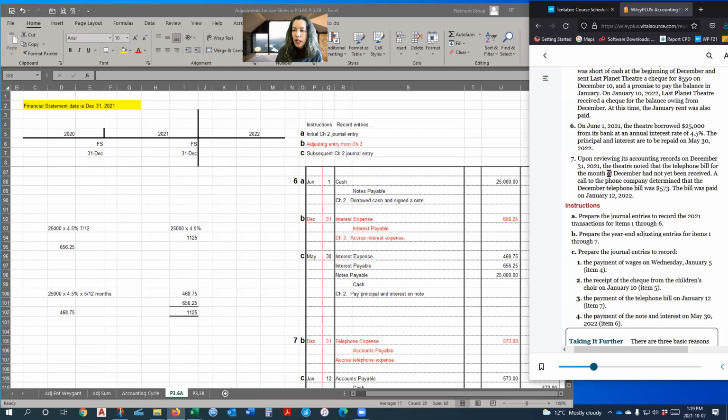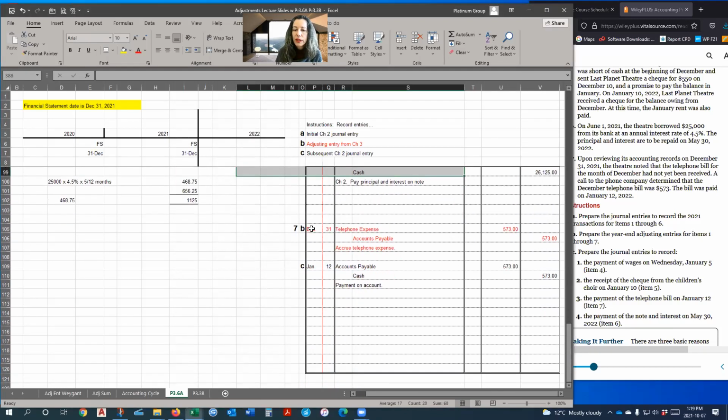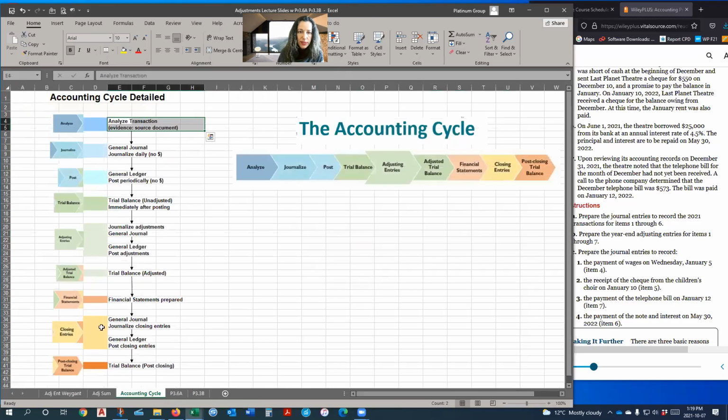So in entry 7, what's happening is we are including a phone bill. They realized they didn't get the bill. Going back over to our accounting cycle, the first step was to analyze the transaction, which is a source document. Usually we're looking at a source document, a business paper, a receipt, an invoice, a bill.